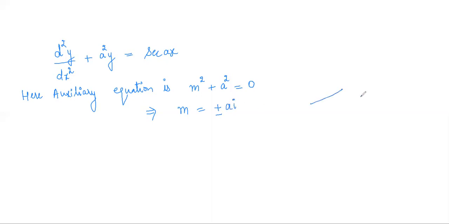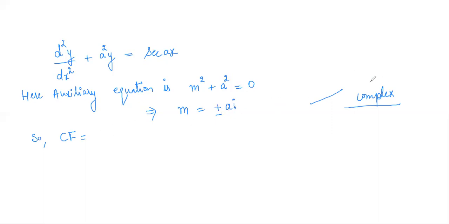So we are getting complex roots here. For complex roots, the complementary function will be, here the real part is 0 and the imaginary part is a. Alpha is 0 and beta is a.